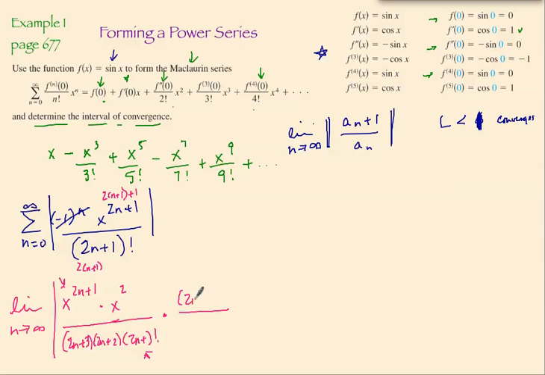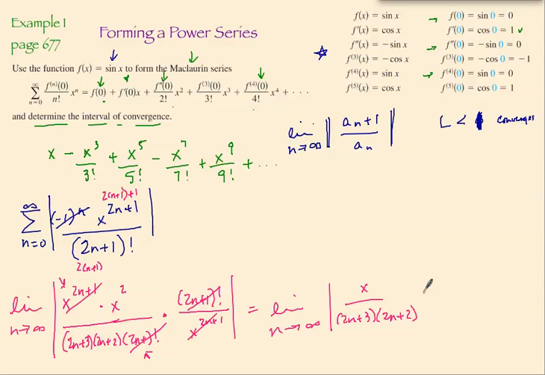This 2n plus 1 factorial here, and then of course x to the 2n plus 1 here, give me these opportunities to cancel. Love it. This means that I am now at the limit as n approaches infinity of x squared over 2n plus 3, 2n plus 2, and now the moment of truth, boys and girls.